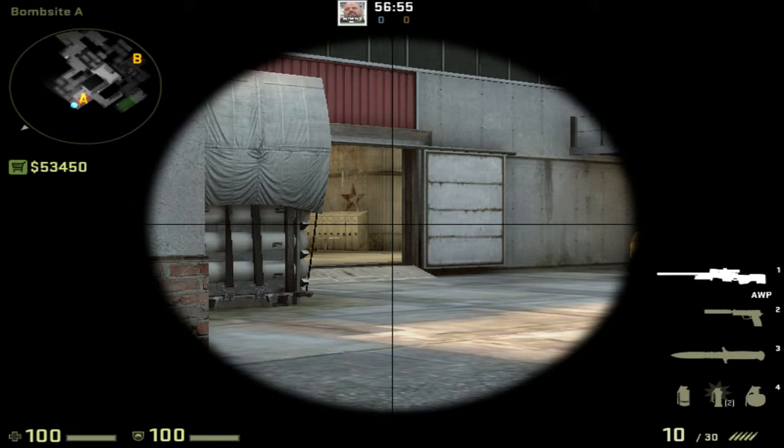Again, that's not 100% because there's a lot of variables. I'm just giving you an example on how and when I used it while rifling.